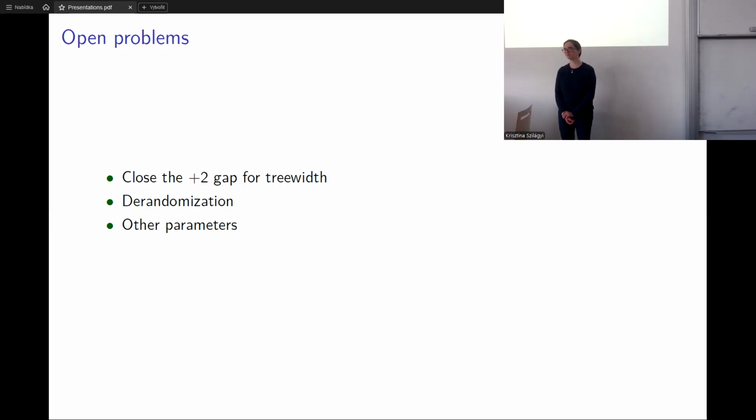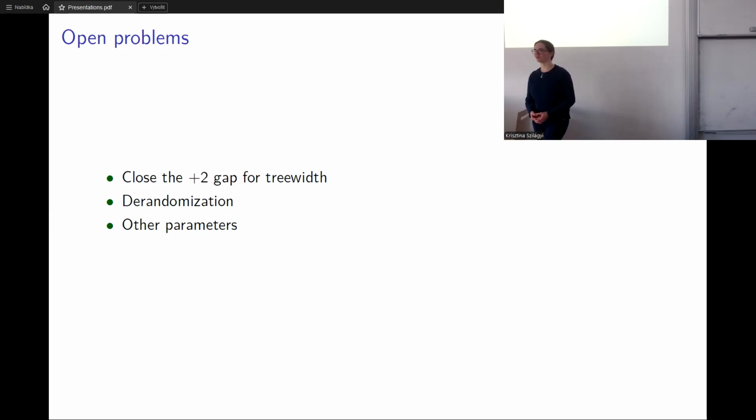I also have a question. You talked a bit about the weighted version initially, but then you forgot about it. Does it change a lot? For cliquewidth, we actually don't know how to do the weighted version. For the others, we can just do it by cut and count, and this is not such an issue.